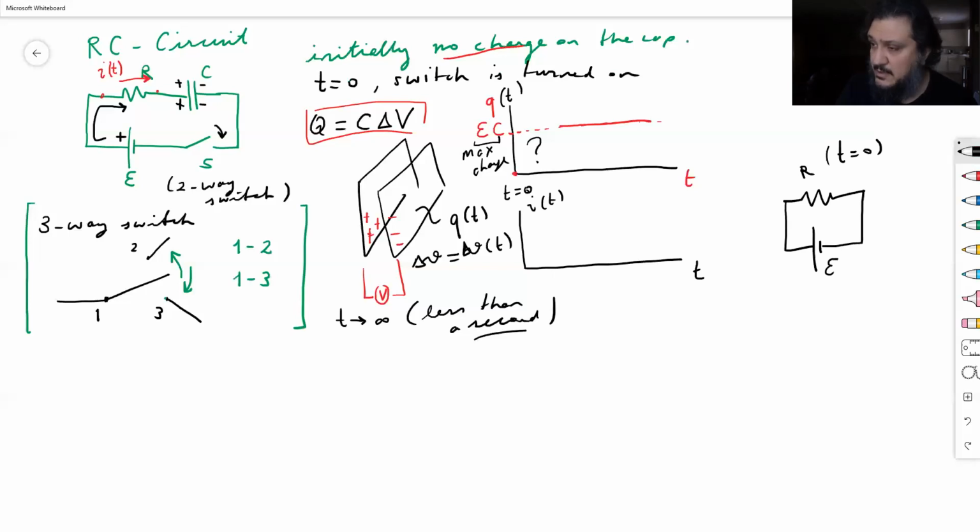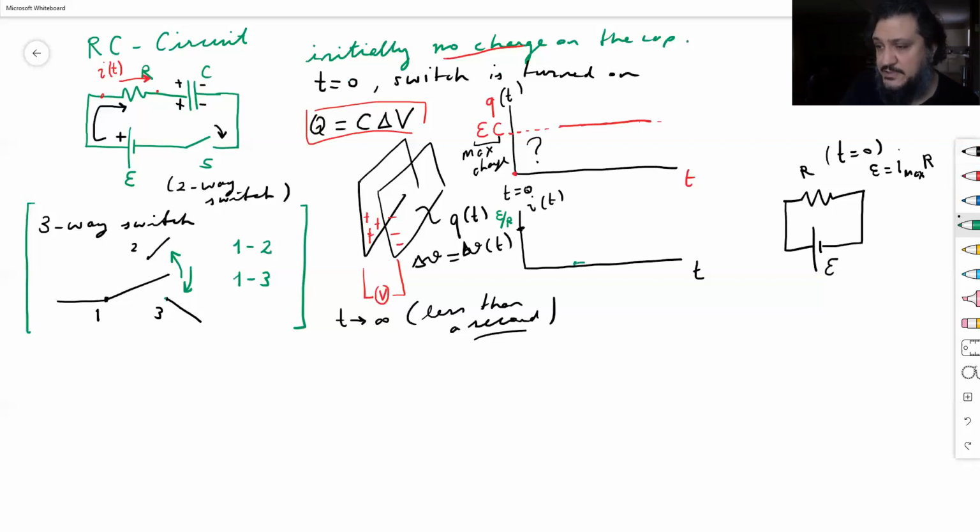According to Ohm's law, E equals I, I'm going to call it I max, if you will, I max times R. Therefore, E over R. This value here is E over R. But that current, if you wait long enough, will become 0.